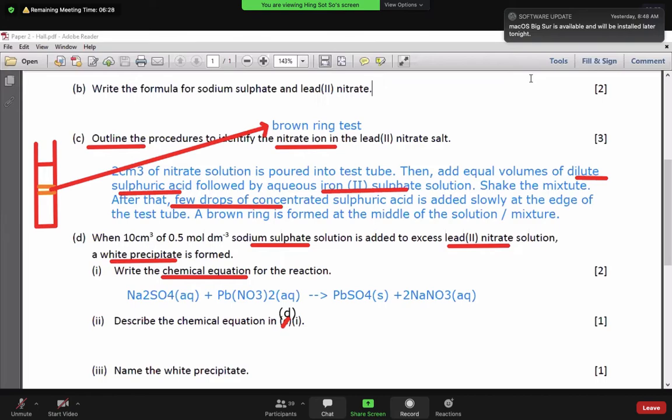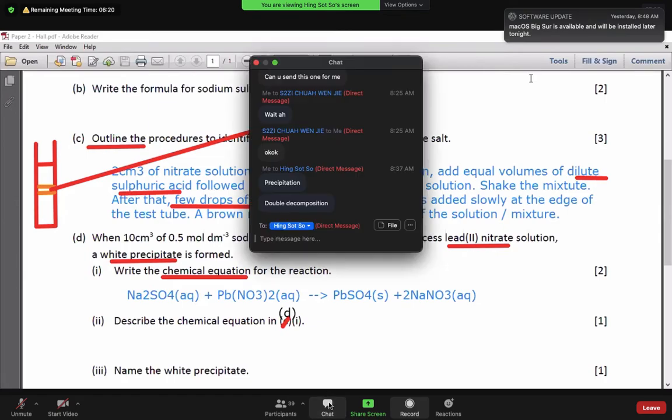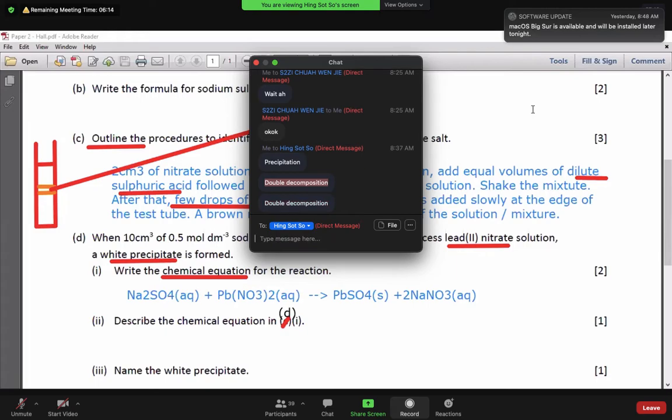Any more answers from you guys? Stop the composition.